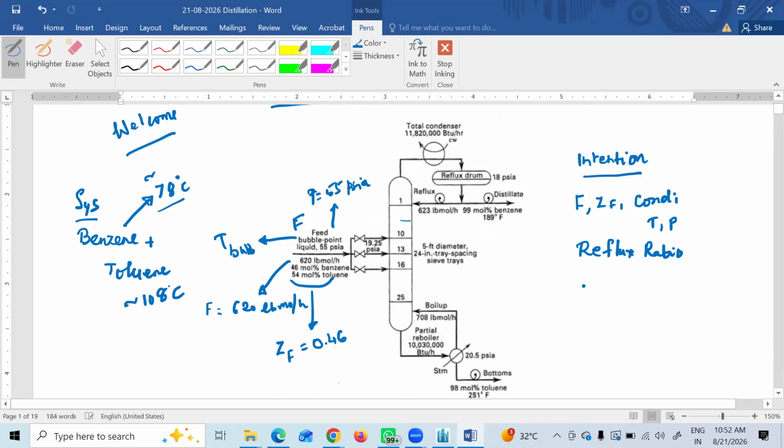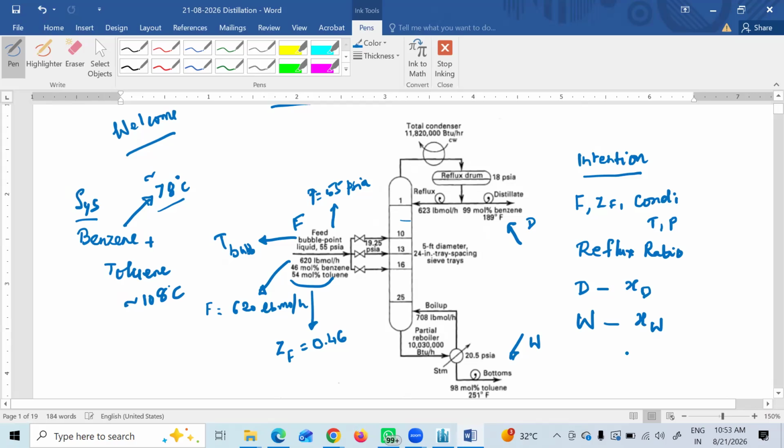And of course, in the distillate, how much is the composition of the more volatile component, and in the bottoms? This is the distillate and this is the bottoms, and what is the mole fraction of the more volatile component in each?